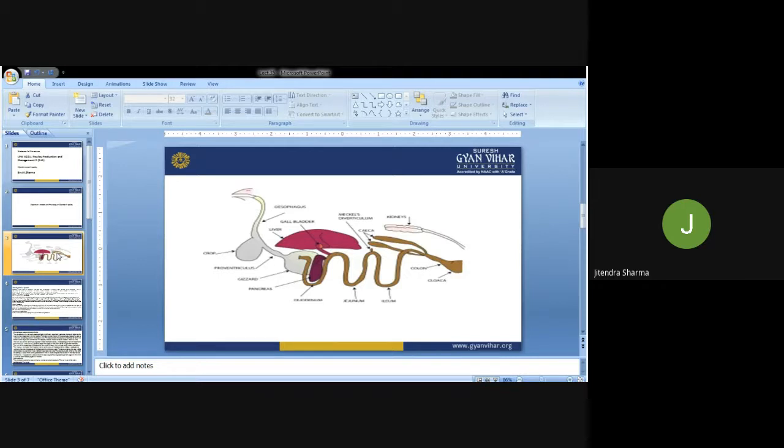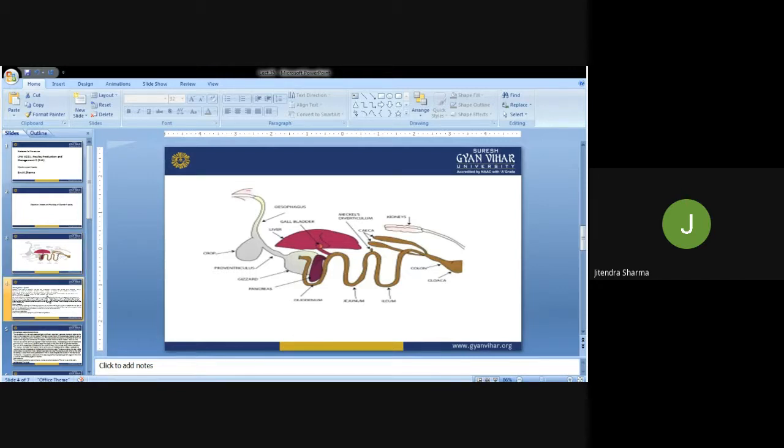Then we have a cecum, and then a cloaca, finally the opening of the digestive tract, the last portion where the bird generally releases the droppings.